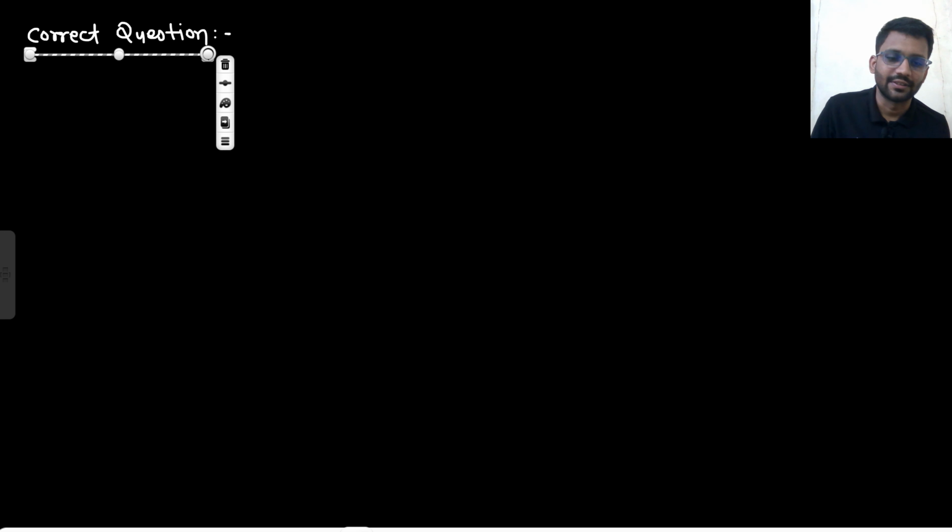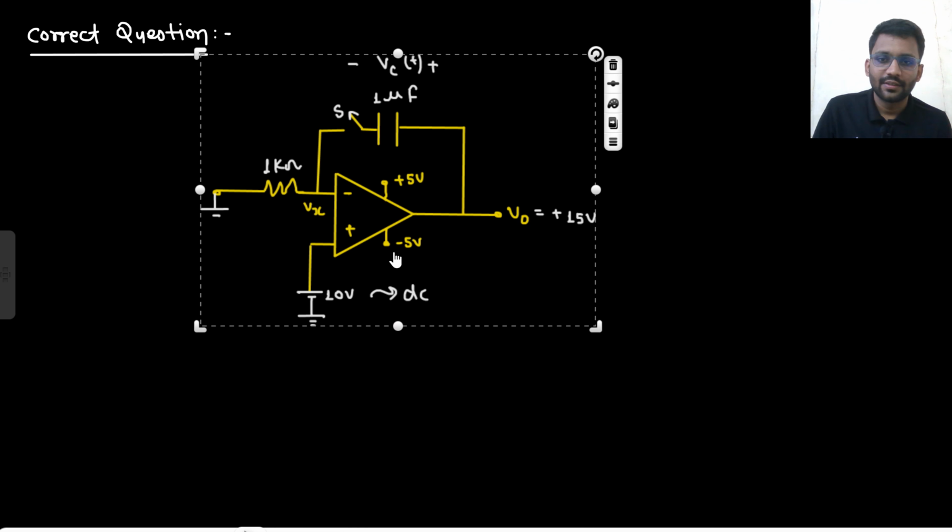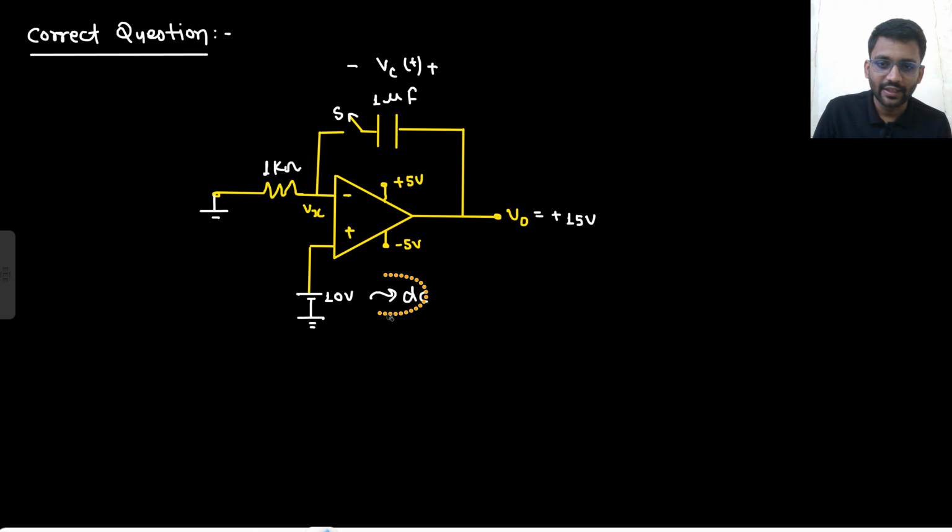What was that change? That change would have been just to make this 10 volt as 10 UT. If they had made this as 10 UT, what they could have written?